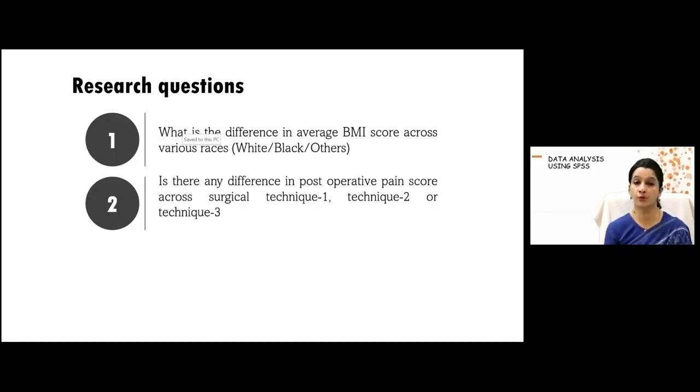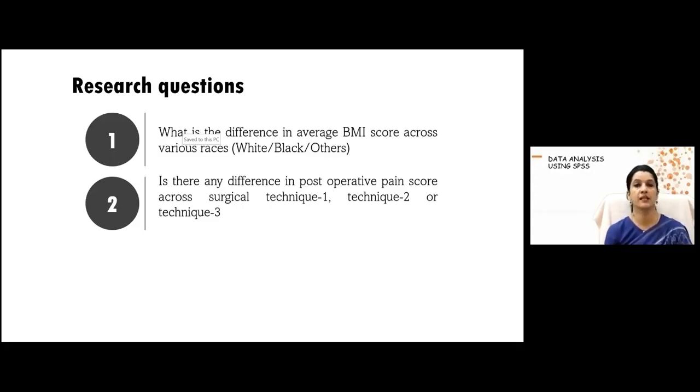So if I want to see the mean BMI score across these 3 groups, and test whether any difference exists between them, then I will apply one-way ANOVA. Here we can see that the mean BMI score is continuous data, and the other variable, the independent variable, is a categorical one, and the categories should be more than 2.